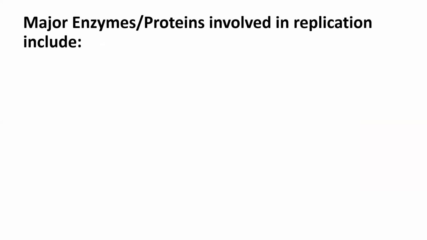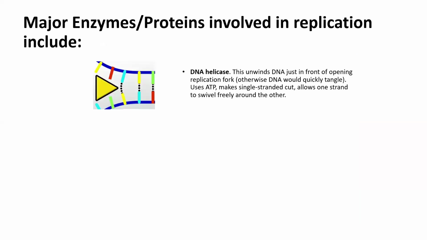So major enzymes that are involved in replication, it includes the DNA helicase. This is basically a little enzyme that goes in and unwinds the DNA, opening it up into a replication fork, and I will show you what that means in a few seconds.